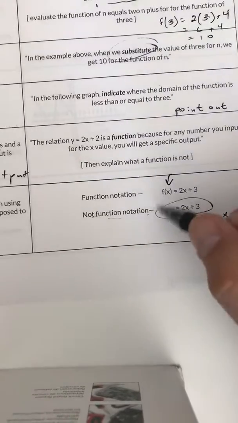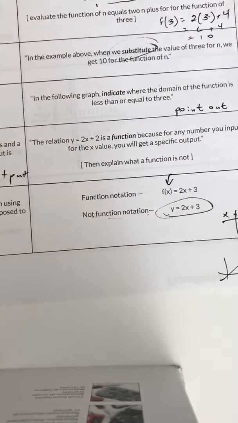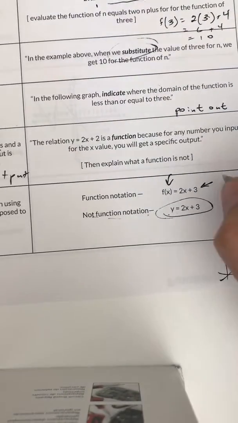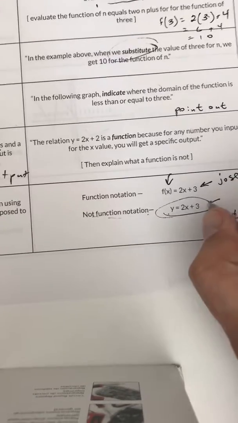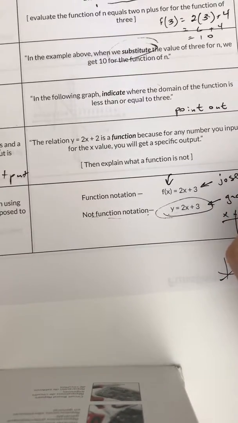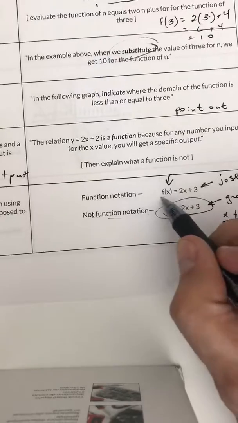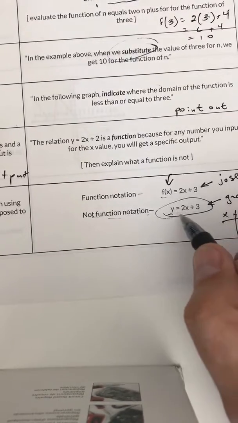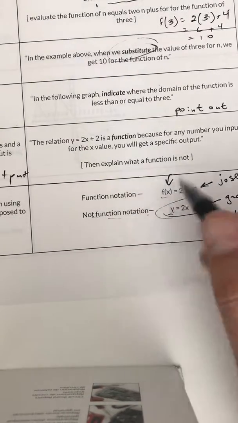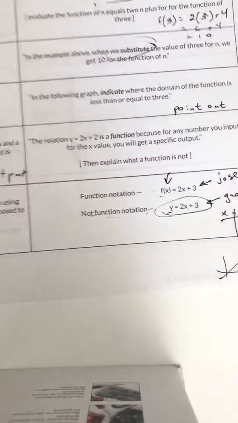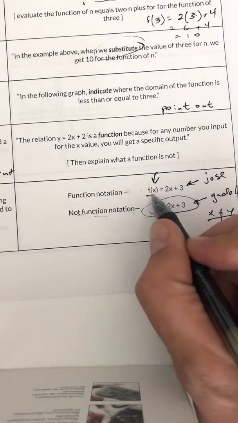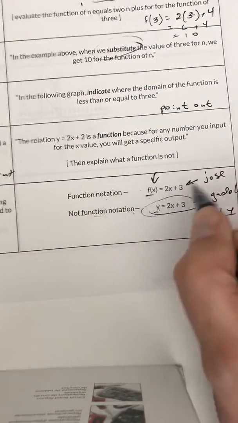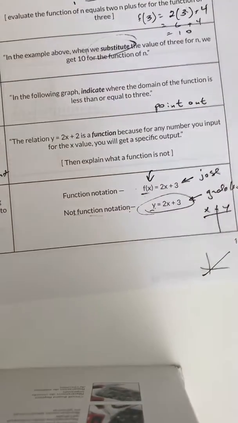It's just like having two different names. The same math is happening here, but like this one's called Jose and this one's called Gudelio or something. It's just different names. So don't get tripped up by that. Sometimes you're going to see y, not function notation, and sometimes you'll see function notation, okay? Just keep in mind that function of x is a different name for the equation, okay?